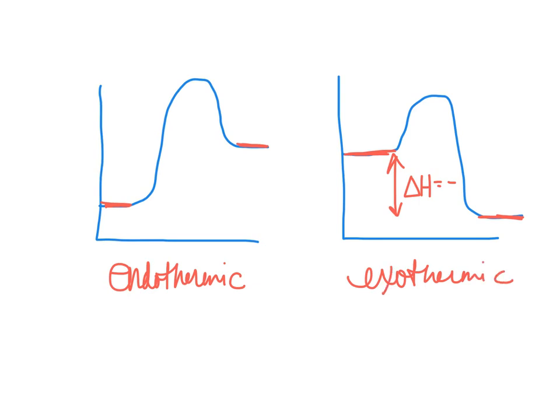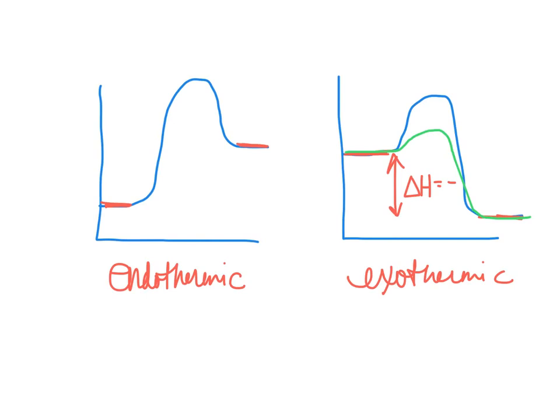Now, one thing that will show up occasionally is they'll give you a reaction and they'll give you a second graph on it. So let's say we had a second graph like this. And they'll say, what's the difference between those two graphs? Well, the only difference between the blue graph and the green graph is the activation energy.